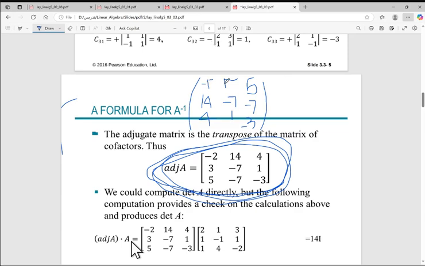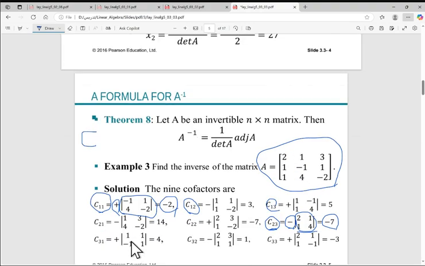You see, right? -2, -2, 3, 5. The first row becomes the first column: -2, 3, 5, and so on. The second row becomes the second column. So you have the adjugate here as the transpose of the cofactor matrix.